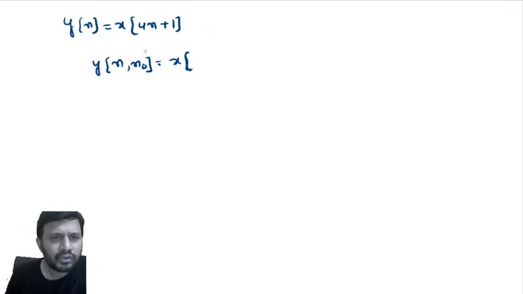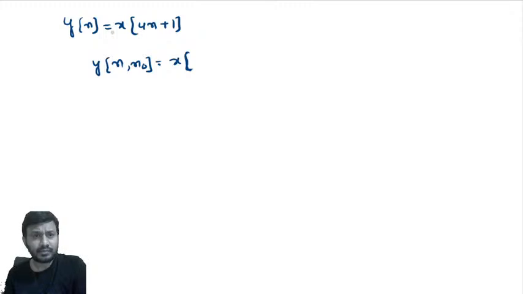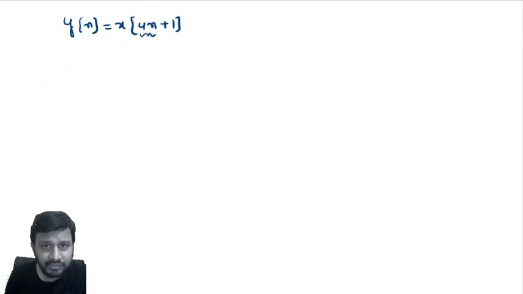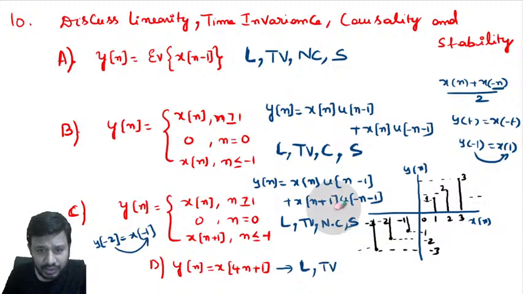What is asking? Time invariant, no? So scaling is there. So time scaling is time variant if the scaling factor is not equal to 1. Here scaling factor is 4, no? So time variant.